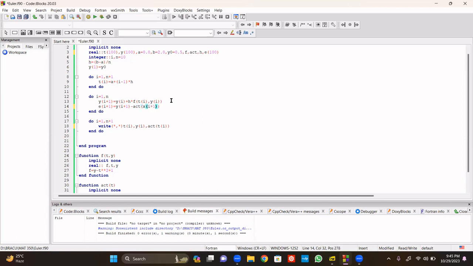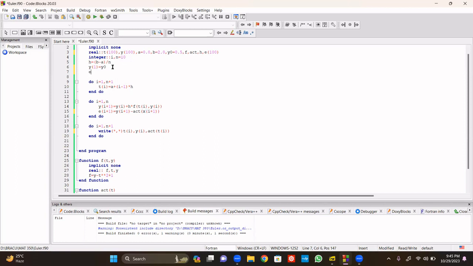But there is one problem. This loop will give us values of E starting from index 2. We do not have index 1 inside the loop, so we can add that manually. E1, you can understand the first point is given in an initial value problem, so there shouldn't be any error in the first point at all. So E1 should be 0. So just in the write statement, add E(i) here.